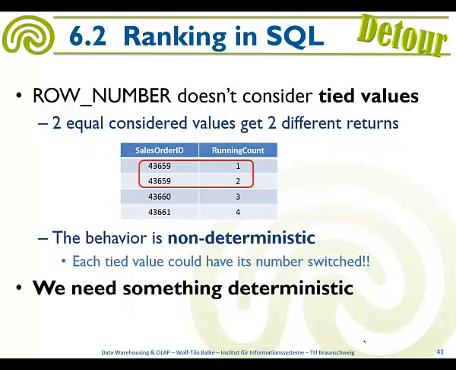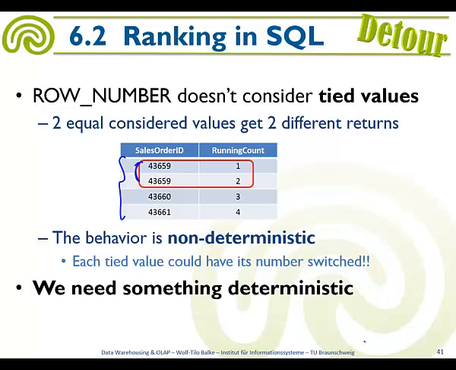The only thing that might be problematic is that this kind of ranking function is not deterministic. What does that mean? It means we set our order in the previous SQL statement to order according to the sales order ID. And it might happen that you have 2 tuples, 2 regions, that produce the same sales.